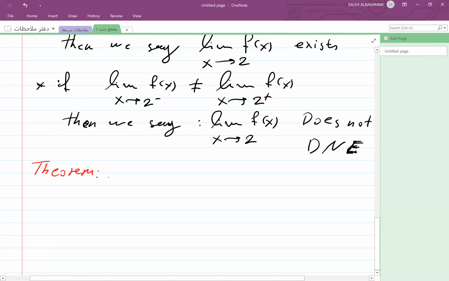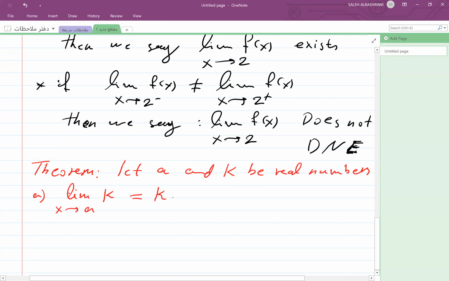Theorem. Let a and k be real numbers. A: the limit of a constant when x goes to a will be unchanged, it will be k.